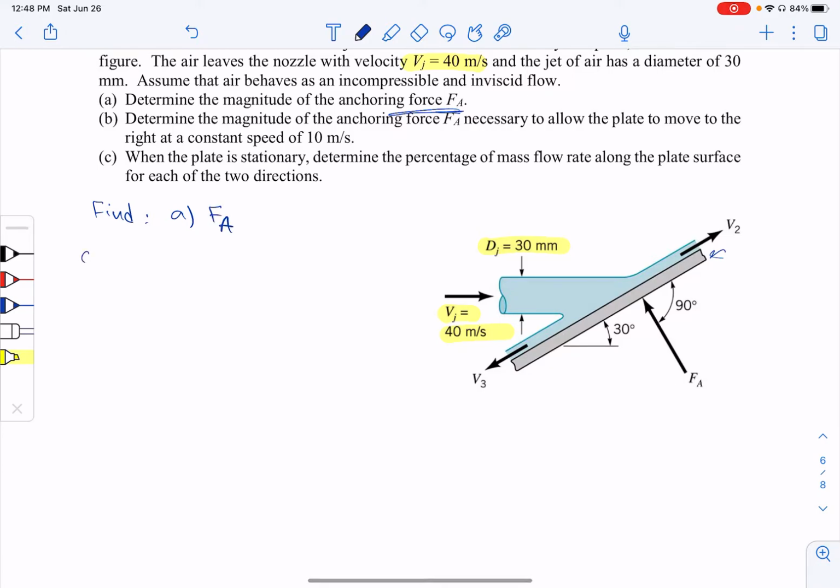The assumptions would be steady state, incompressible, constant properties, and then we have 1D flow.